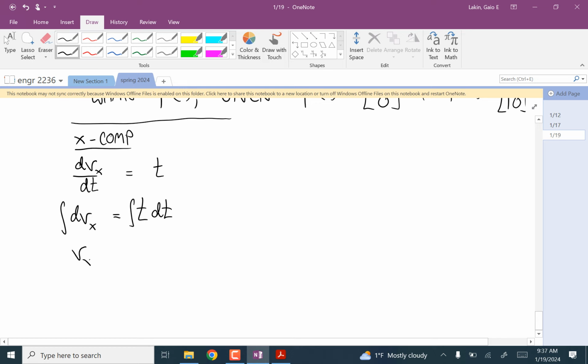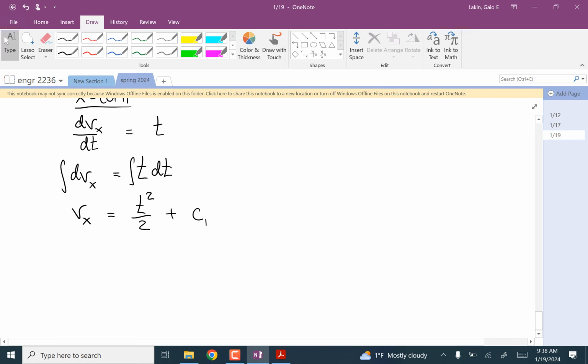And so the x component of the velocity is equal to t squared over 2 plus c1. You with me on that first step? Okay, and now we'll do the second step. Vx is dx dt, and we know that's equal to t squared over 2 plus c1.